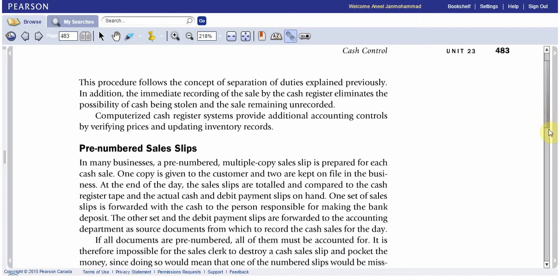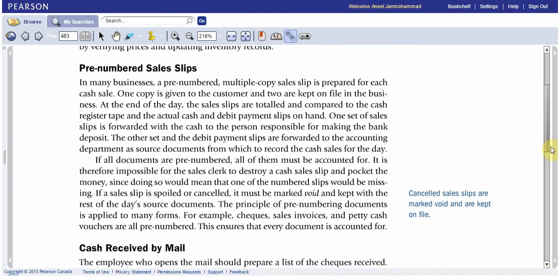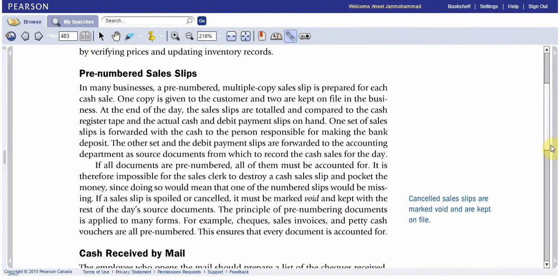Here we go. Pre-numbered sales slips. Okay. So let's address what's a sales slip. That's just a receipt. All right. In the older times, people would actually write the receipt. Here the receipt will come out of the cash register, and there will be a few copies.